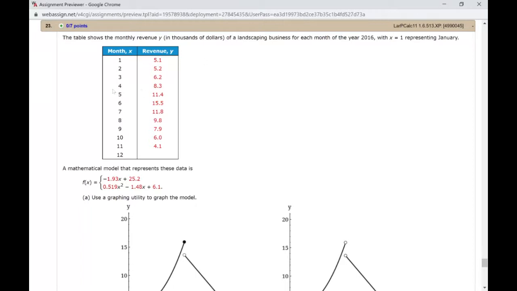So for example, how much revenue was coming in May, you think? 11,400. Very nice. They're doing pretty good in May. So just want to make sure you understand what this data is saying.